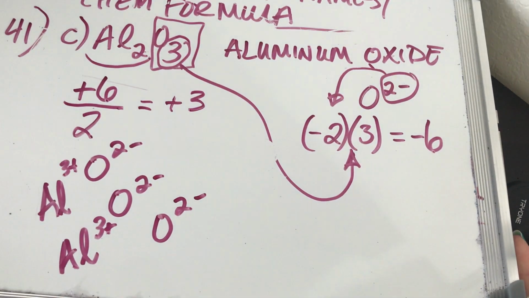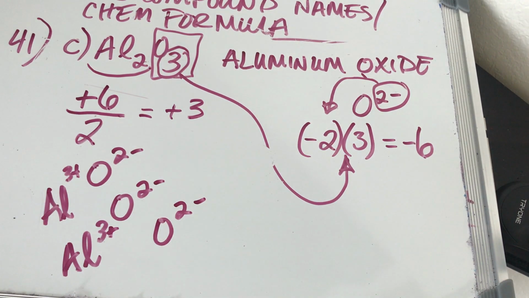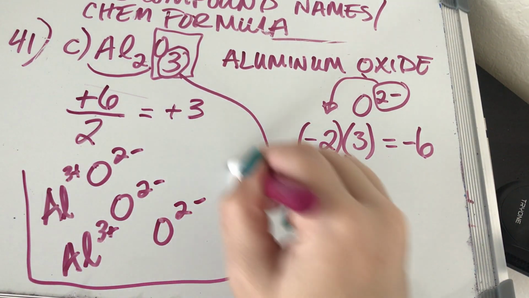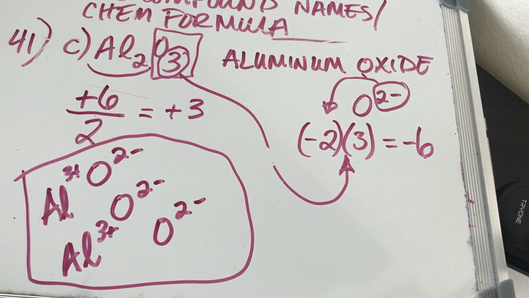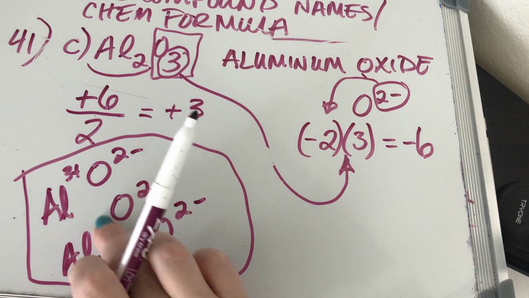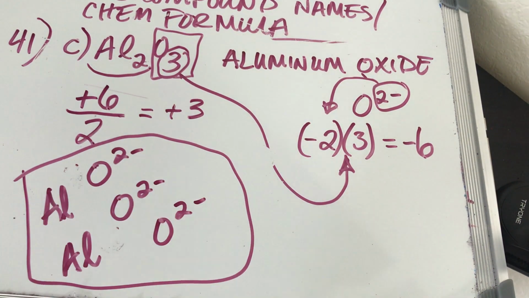Whoops, sorry. Off the map, right? This compound literally has all of these guys stuck together. Now, if you didn't know this, which presumably you didn't, you have 3 oxide ions.